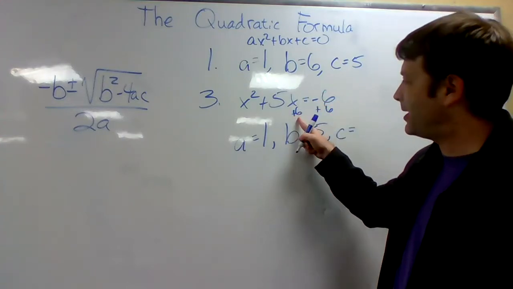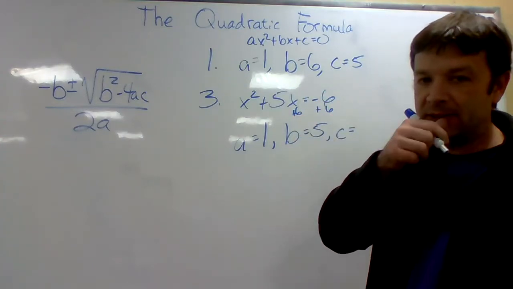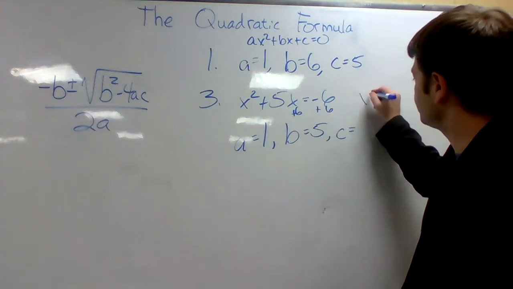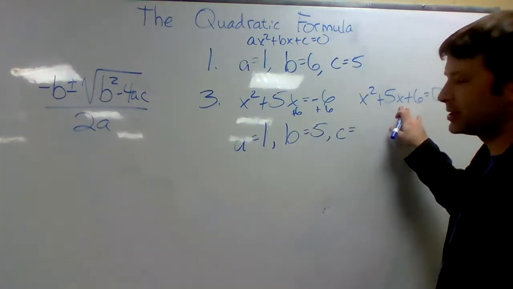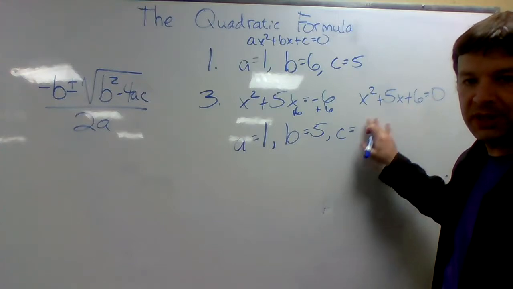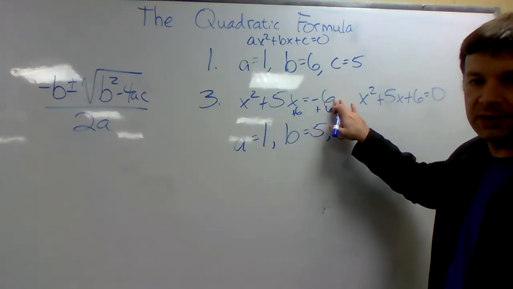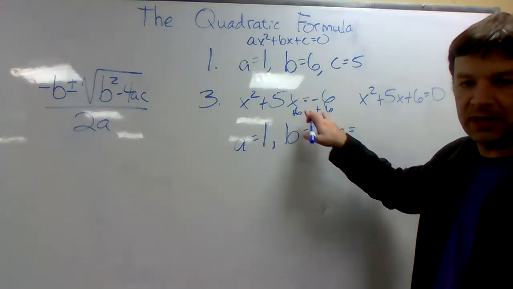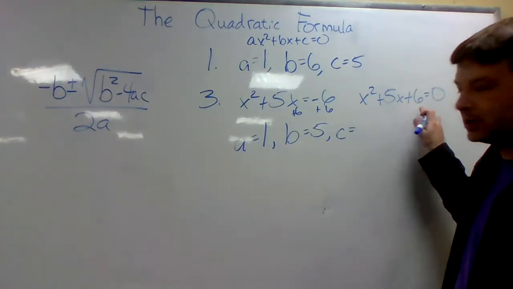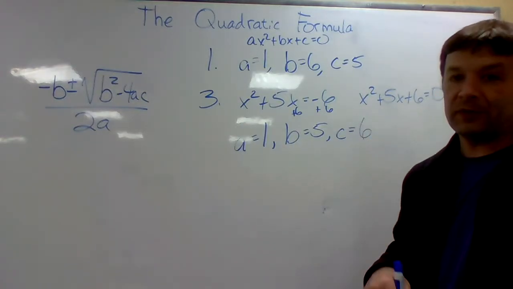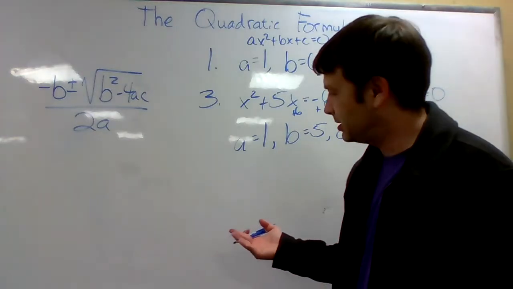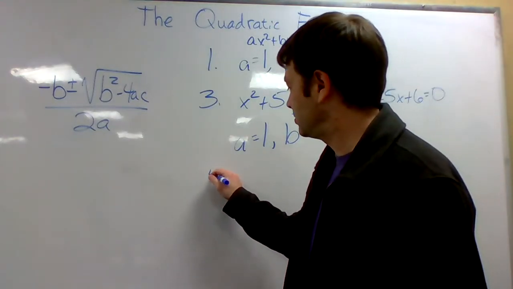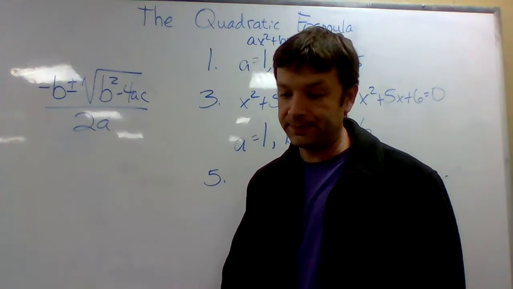So C is not actually negative 6. You add 6 and move it over. It's actually a positive 6. If you plug a negative 6 into your problem, your answer is just going to be totally wrong. So you do need to be careful with that.